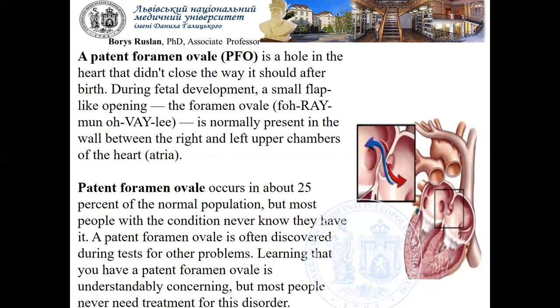Okay, go on. Continue. Patent foramen ovale occurs in about 25% of the normal population, like I said, but most people who have the condition never know they have it. That's why a patent foramen ovale is often discovered during tests for other problems.